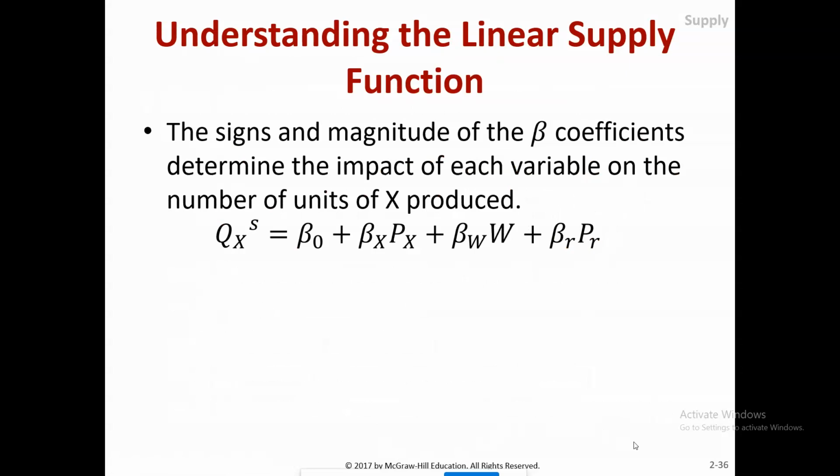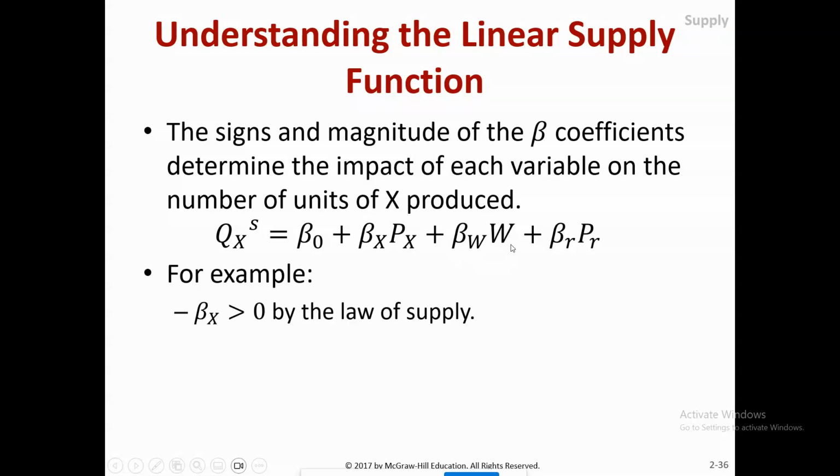Then again, the coefficient matters. The sign tells us the quality, which means the relationship between the variable of interest and the quantity supplied. If their relationship is positive, then the sign is positive; if negative, then the sign is negative. And the magnitude, like how big those betas are.